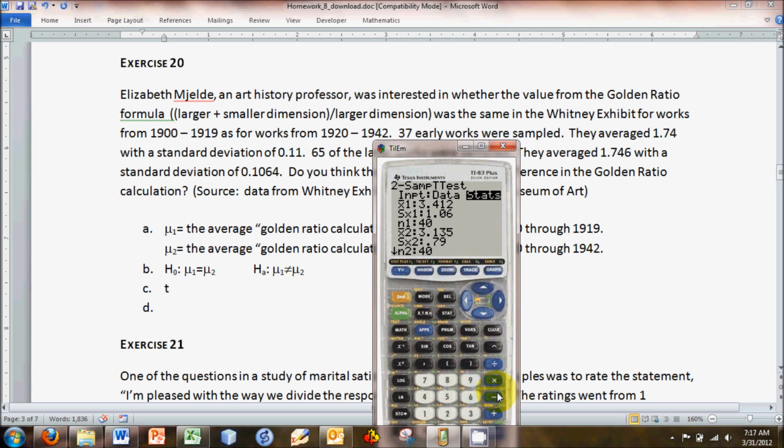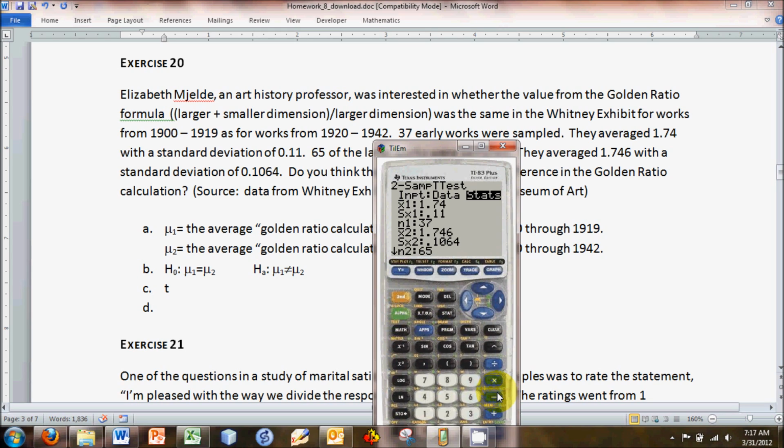The first sample comes from the early works, and it says that there were 37 early works that averaged 1.74, standard deviation of 0.11. And then the 65 later works averaged 1.746, standard deviation of 0.1064.